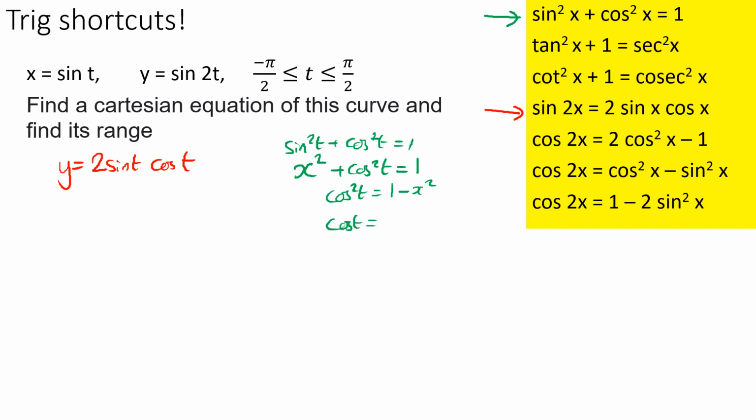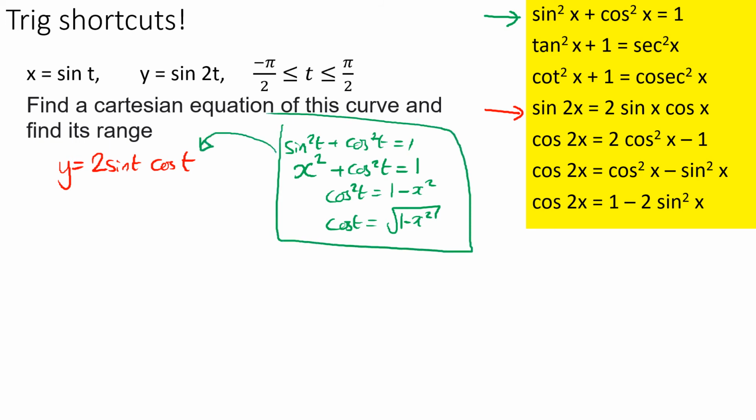We can square root that, and say that cos t is the square root of 1 minus x squared, and we can plug that into the equation. So we know that x equals sine t, and cos t equals the square root of 1 minus x squared. So overall, our Cartesian equation would be y equals 2x, because that's what sine t is, times the square root of 1 minus x squared. And then we have a Cartesian equation, y equals something in terms of x. Now we want to find its range.